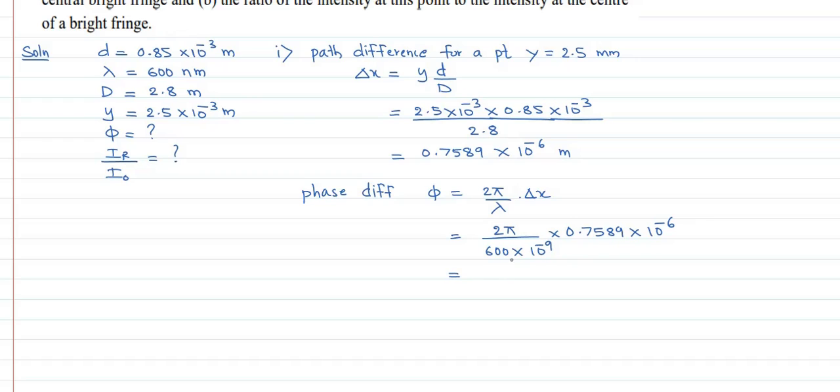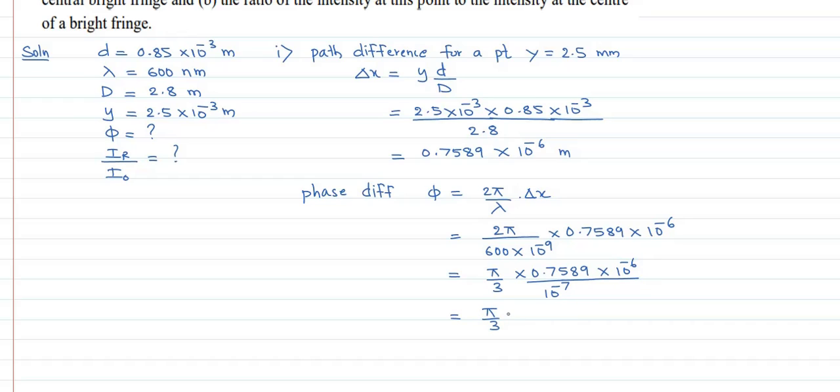If I cancel this, it is pi by 3 into 0.7589 into 10 raised to minus 6 divided by 2 zeros. If I take this, it is 10 raised to minus 7. So 2 and 6 I have cancelled. 600, 2 zeros I have simplified with 10 raised to minus 9. So this is pi by 3.